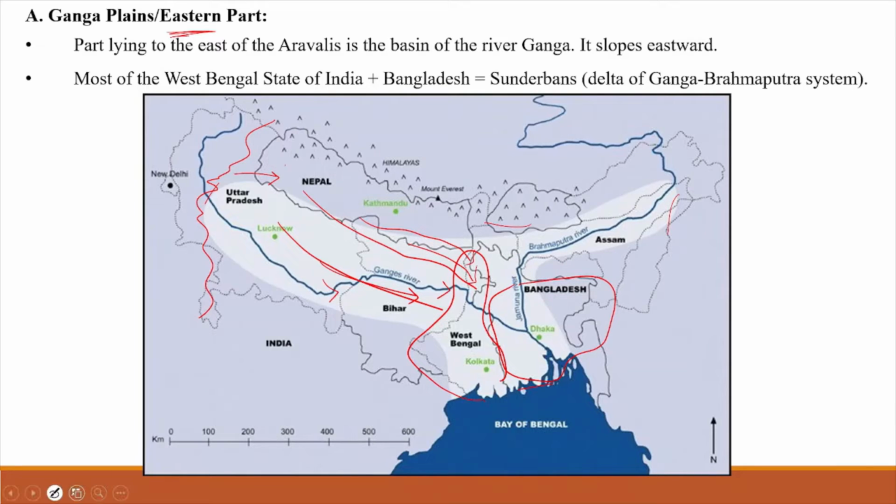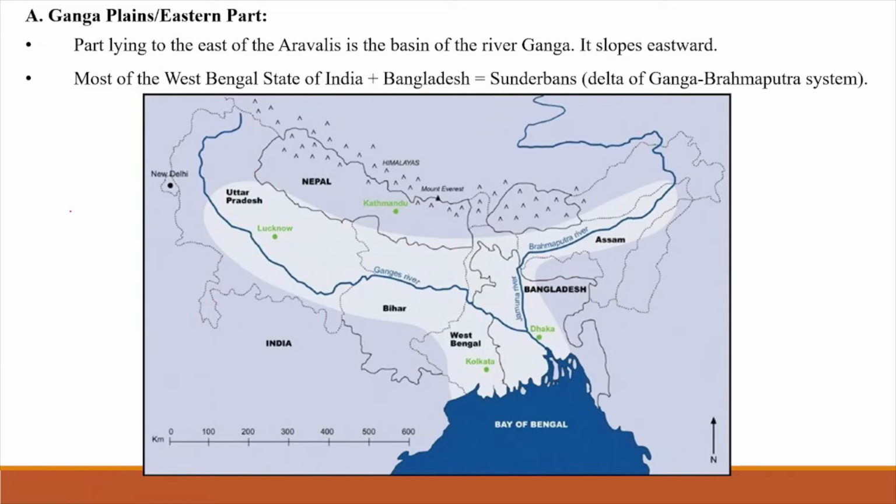Now, what do you understand by the meaning of delta? Now you have your river flowing, from here you have Ganga, from here you have Brahmaputra. They both meet in Bangladesh, this is West Bengal here, and then they meet the sea of Bay of Bengal.